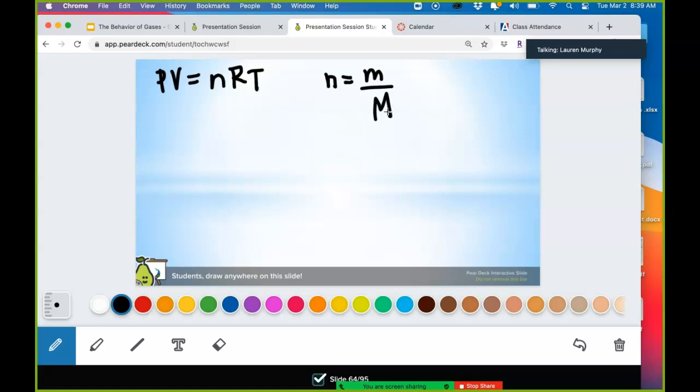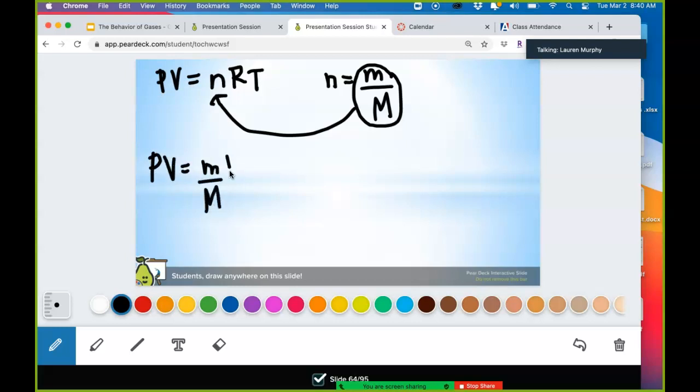Both of these equations will be given on your test. Replace the moles with it. So now instead of writing the ideal gas law like this, you write it like this: PV equals mass over molar mass, RT.